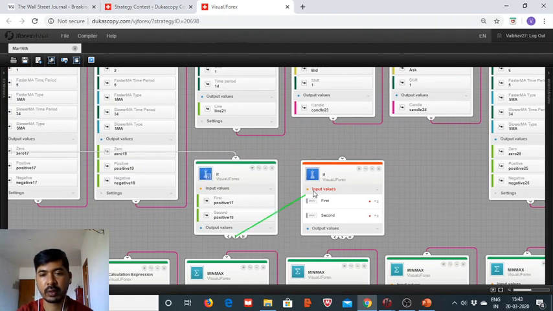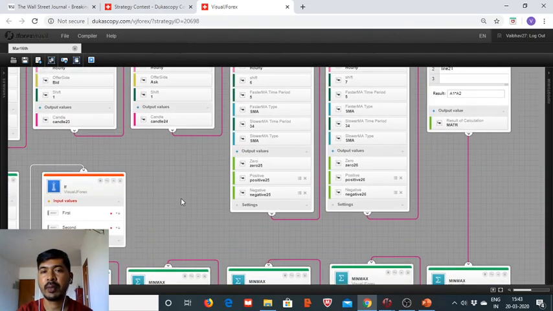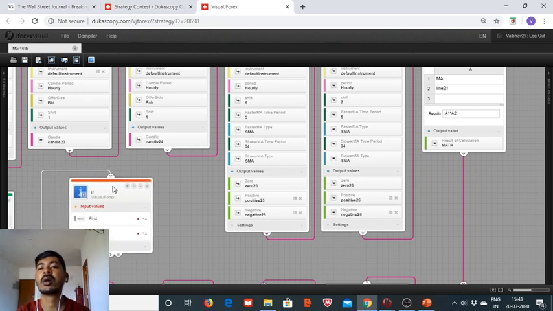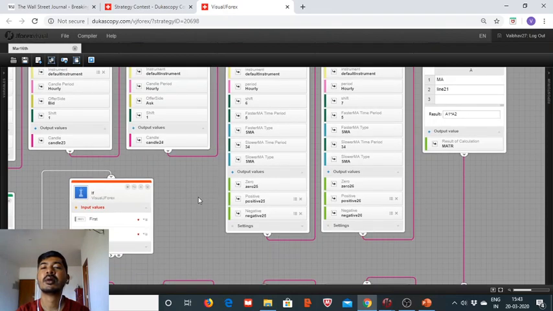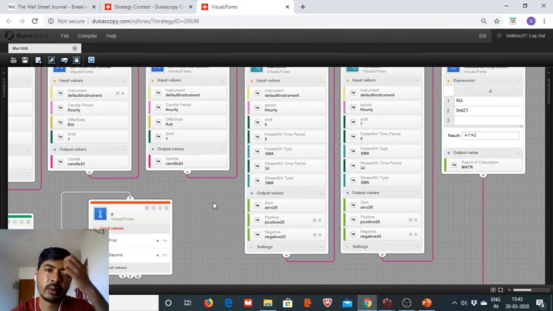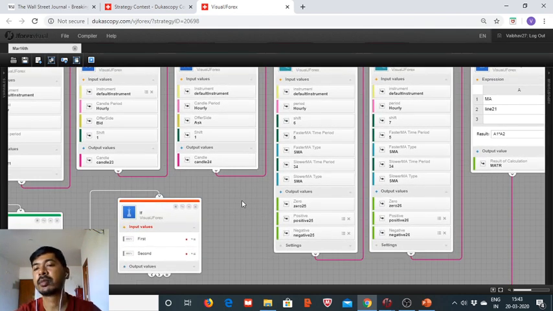So here the first input is greater than the second input, and now we compare these values to shift 6 and shift 7, that is the awesome oscillator's values 6 and 7 hours back.